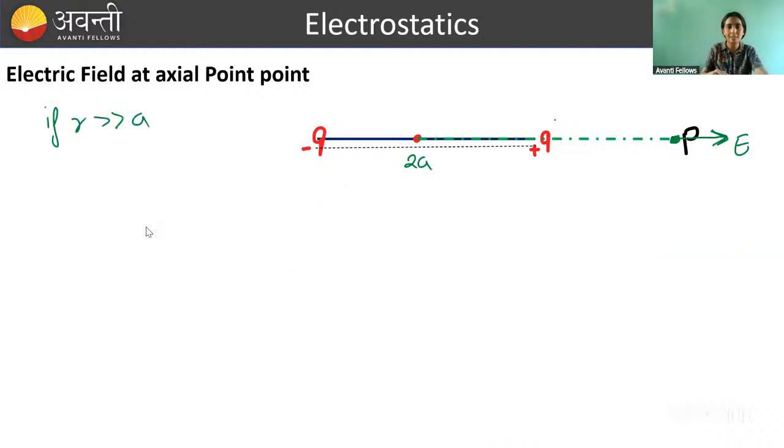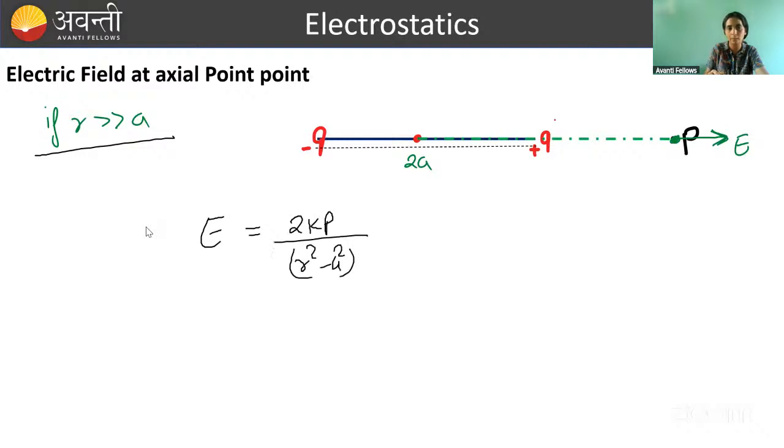If we do again the same assumption, let's say R is far greater than A, then 2KP by what came? (R square minus A square) to the power 2. So if you go on to write it, 2KP, take R square common, then here R to the power 4 will come.